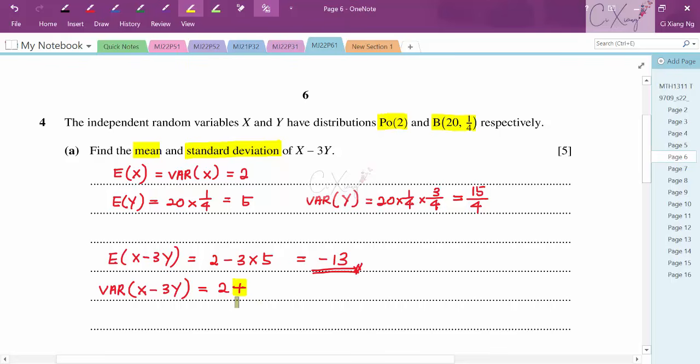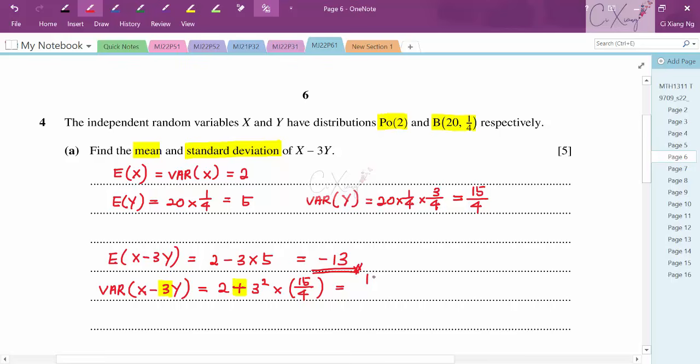So it should be positive. And then the 3, when you want to take out the 3 from the variance, you need to square the constant. So you will have 3 squared multiplied with the variance of y. So the variance of y is 15 over 4.